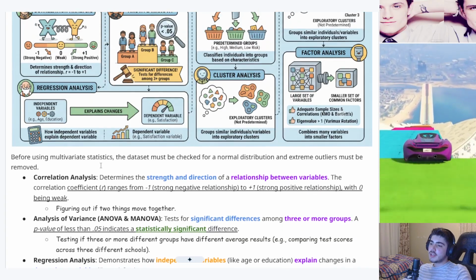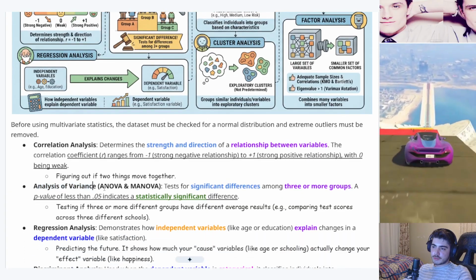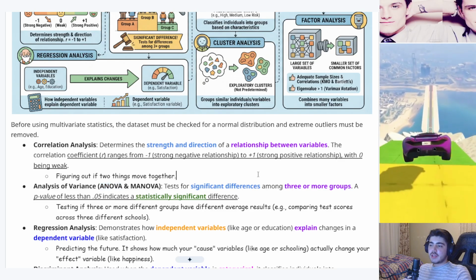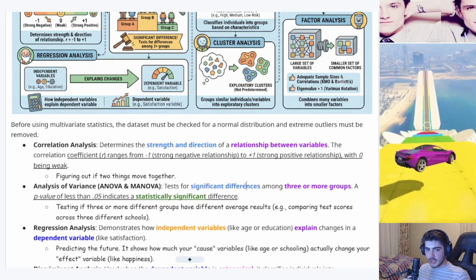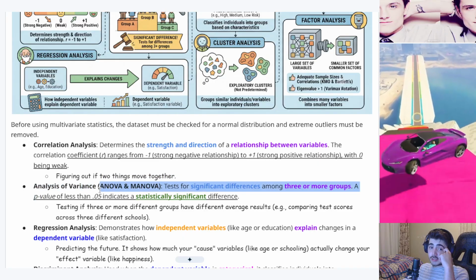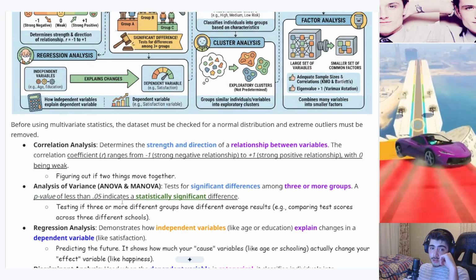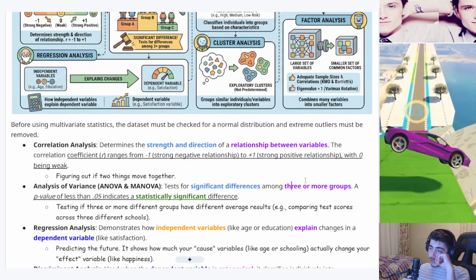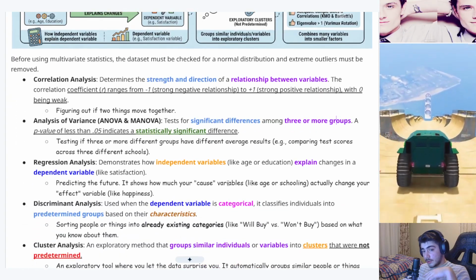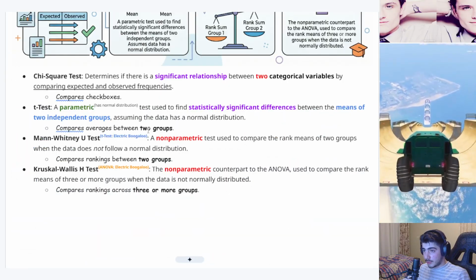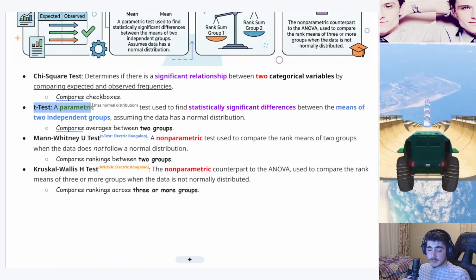Okay, perfect. Analysis of variance. We call this ANOVA. It tests for significant differences, usually a probability of less than 5%, among 3 or more groups. Normally, for 2 groups of data, we use a t-test.